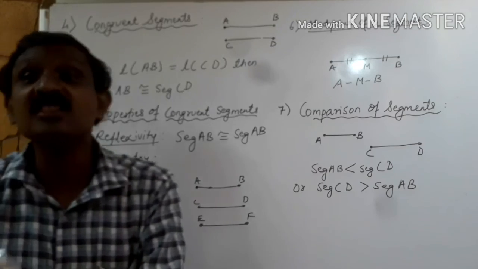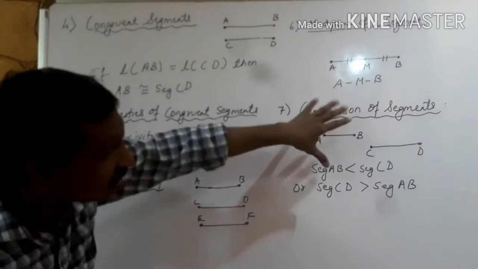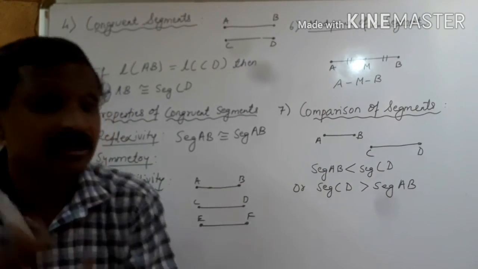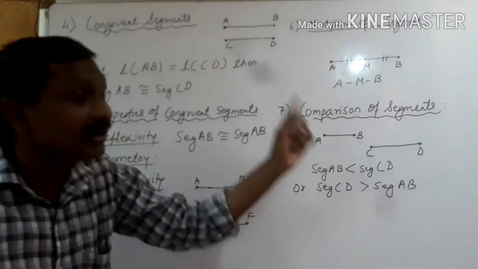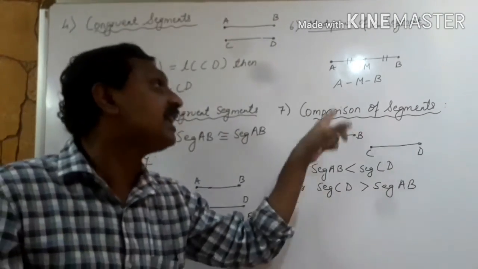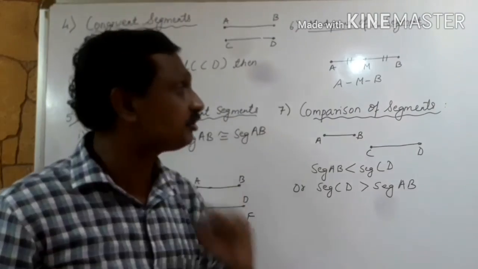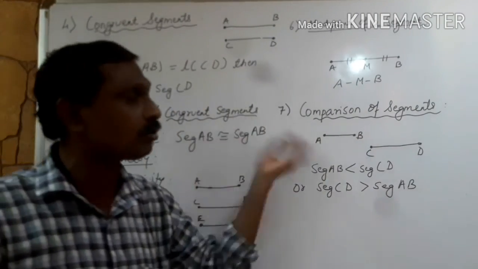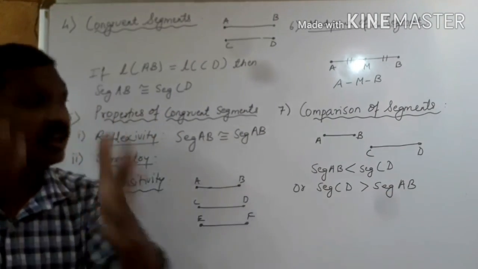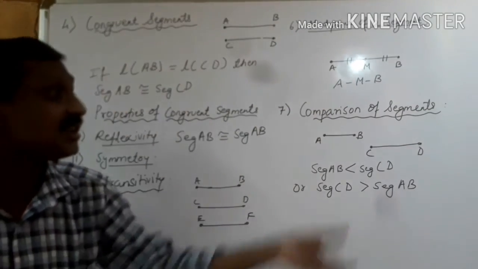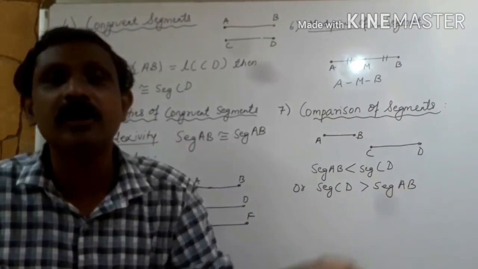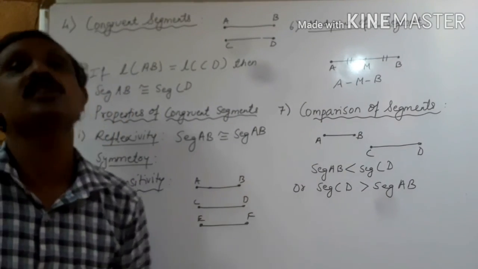The comparison of segments is based upon their lengths. Suppose this is 3 centimeter, this is 5 centimeter, or 2 centimeter, 4 centimeter. Looking at their lengths, we decide which segment is greater and which is smaller.